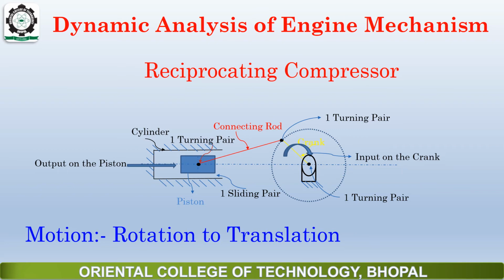So the input is on the crank and the output we get on the slider. This inversion is known as reciprocating compressor. The type of motion in this configuration is rotation to translation, meaning the input is in the form of rotation and the output is in the form of translation.